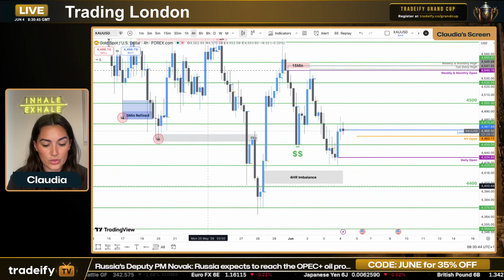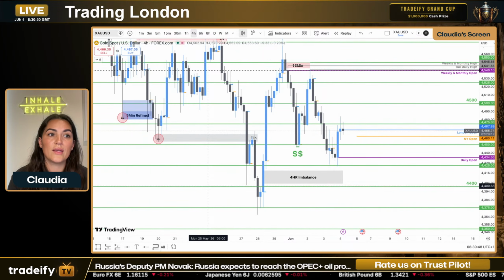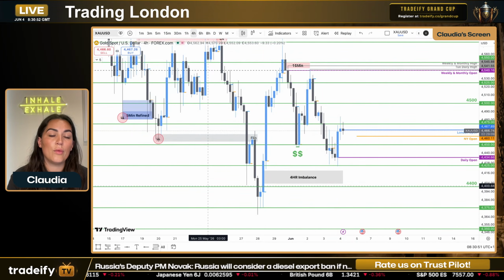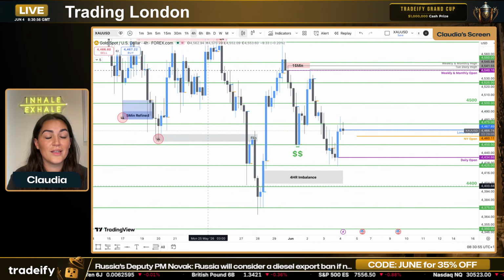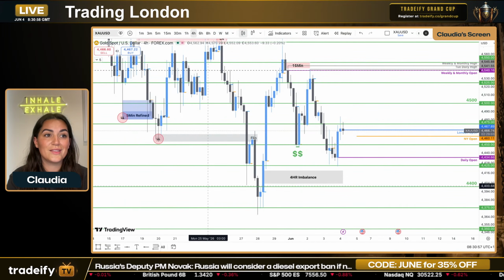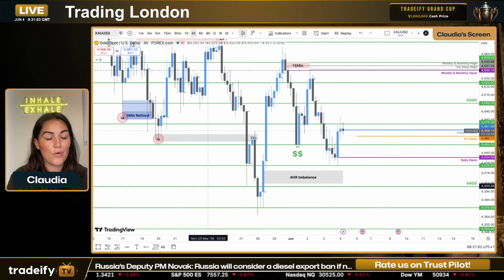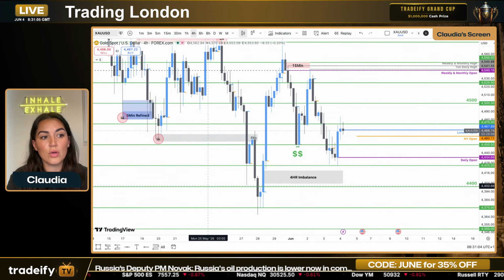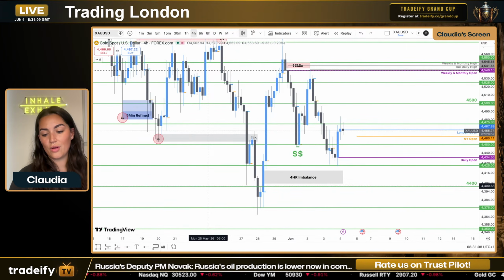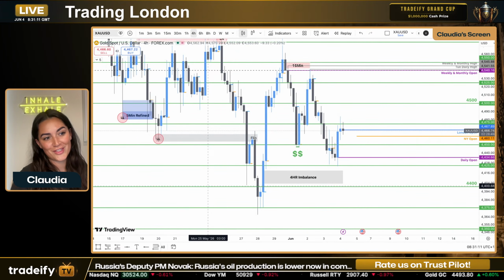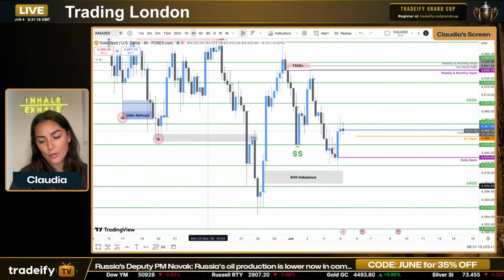So I've only been doing futures for 6 months, but because I traded gold on the CFD side for so long, it was just a matter of adjusting to the different platforms and the different ticks instead of pips and contracts instead of lots, etc. So price action is the same on gold, on the futures and CFD side. I'm quite grateful that I spent so long on gold because it made the transition to futures a lot easier. But yeah, I trade both now.